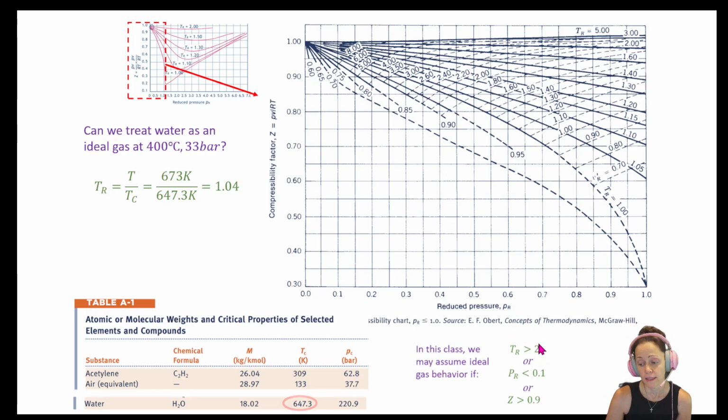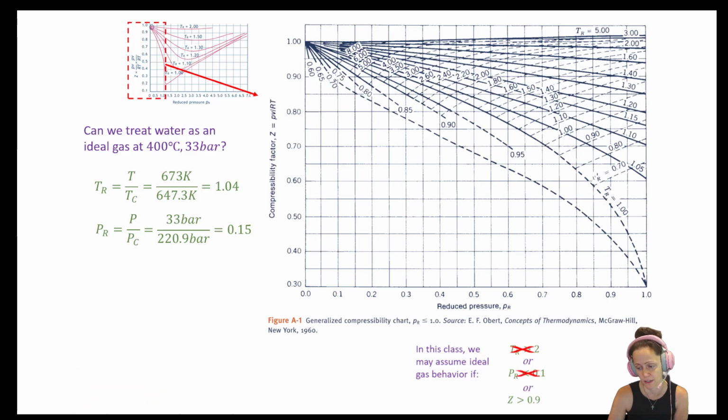Okay, the reduced temperature is not greater than 2, so I can't automatically assume that I've got an ideal gas, but I haven't checked everything yet. I still need to check the reduced pressure, so let's check that. My reduced pressure is P over P critical. My critical pressure is 220.9 bar. And if I plug in 33 bar on the top, I get 0.15. Nope, that doesn't work either.